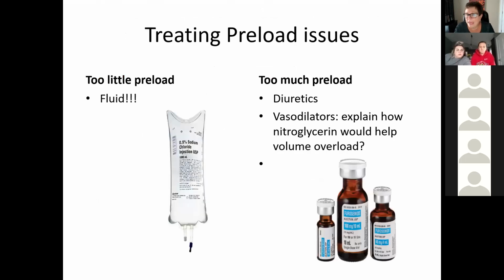So how do I manage preload issues? If my preload is too small, then I'm going to give fluid. If my preload is too much, I'm going to give diuretics. How would vasodilators like nitroglycerin help with volume overload?